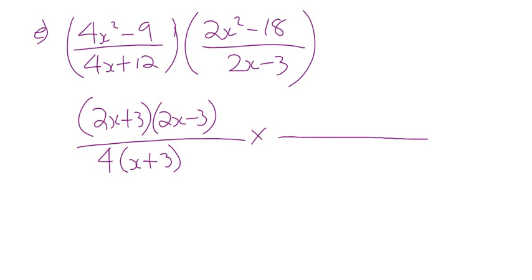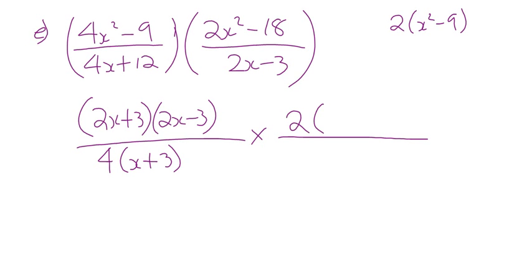Two x squared minus 18. Is that a difference of squares? It is, but you got to do one step first, which is what? You need to factor out the 2. Okay, so here we'll write 2.